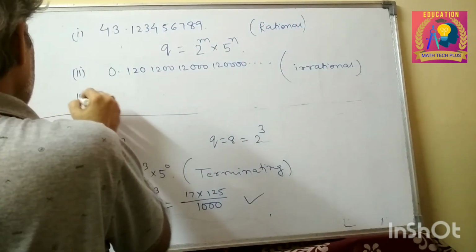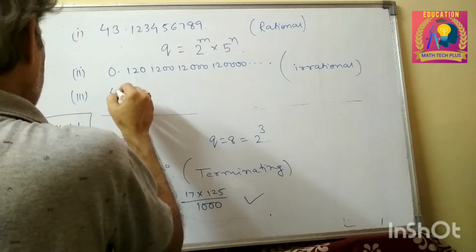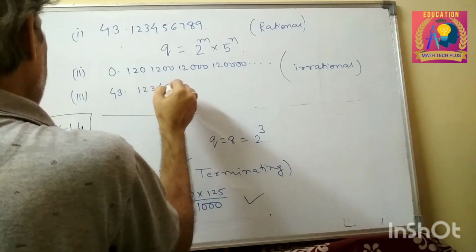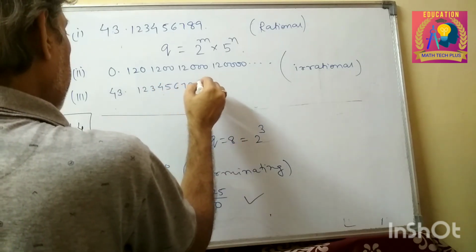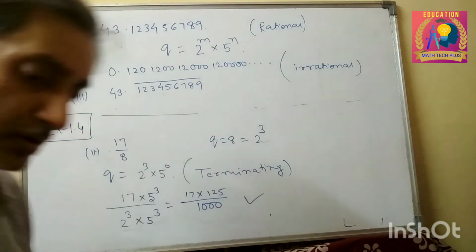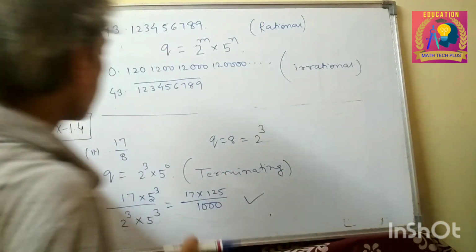Third part. In this case we have 43.123456789 with a bar over this. Bar simply means that these numbers are repeating in blocks again and again.